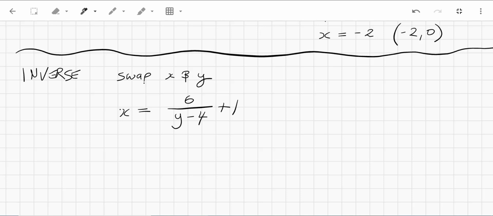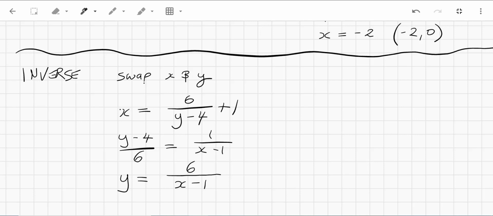So in one shot, I'm going to subtract the 1 onto this side and then reciprocate both sides, or flip both sides. So (y minus 4) over 6 is equal to 1 over (x minus 1), so that y is equal to 6 over (x minus 1) plus 4.